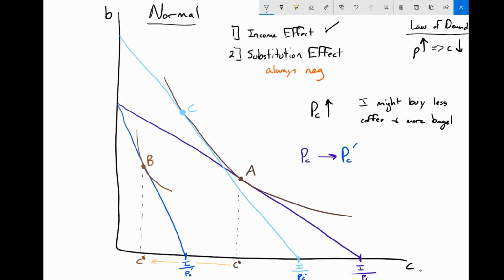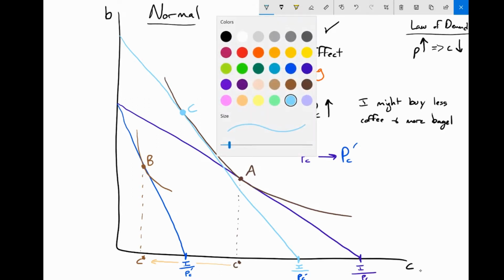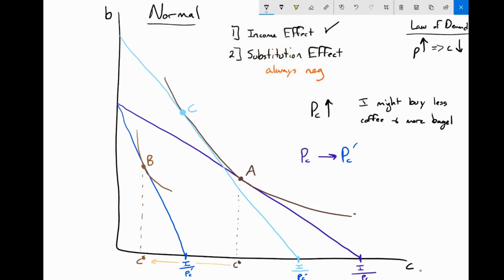That means the price goes up from PC to PC prime, but they're given enough money so that they can buy a bundle of goods that is on the original, the first, this dark brown indifference curve 1, we'll say.